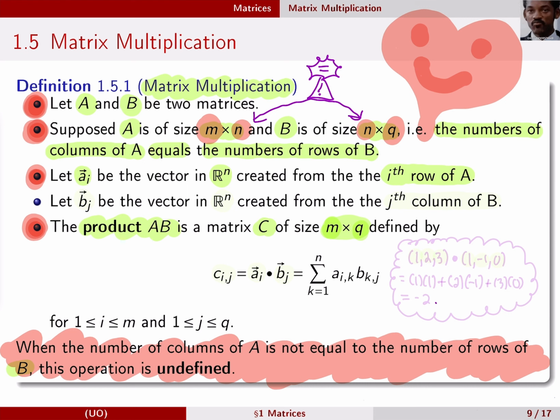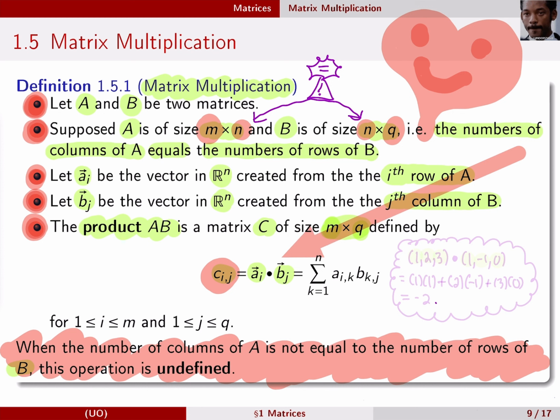And then the second vector will be b_j, a vector in R^n. So again, n other numbers that you get by extracting the jth column of B. So the entry on the ith row of your product and the jth column, that I'm going to call C_ij, is the dot product between a_i and b_j.